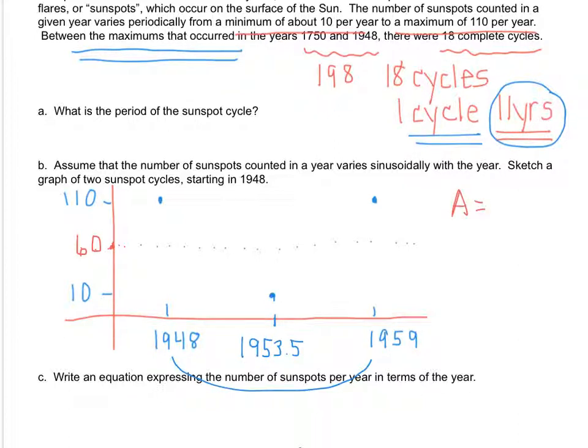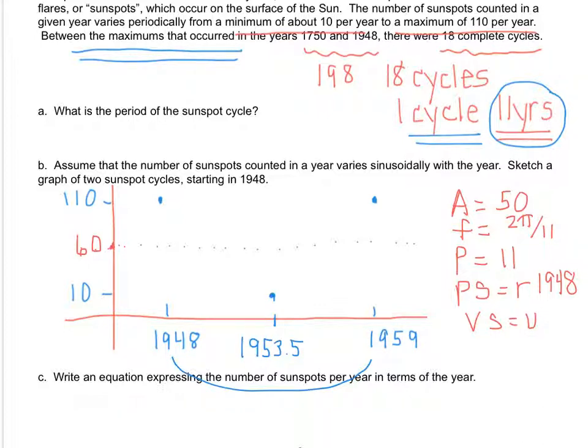Our amplitude then is 50. We know our period is 11, which will give us our frequency, 2 pi over 11. What else do we have here? Oh, our phase shift. It started to the right, 1948. And our vertical shift was up 60.